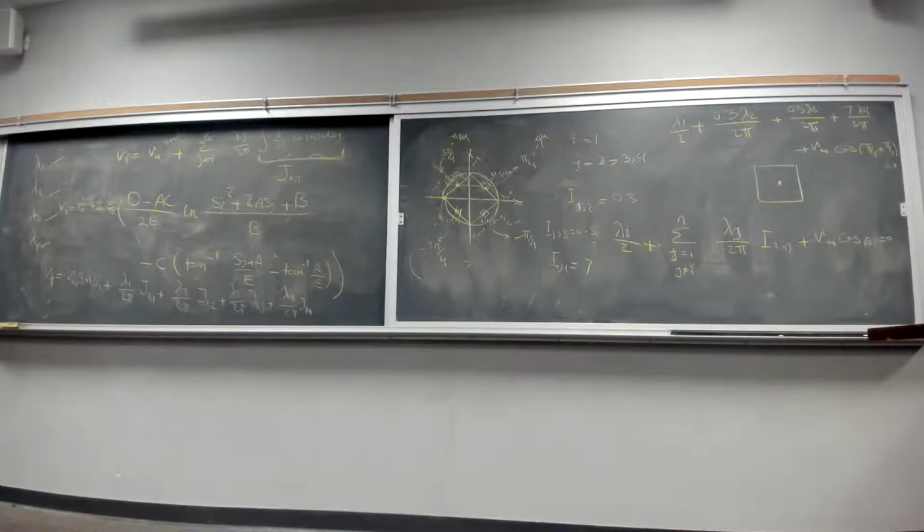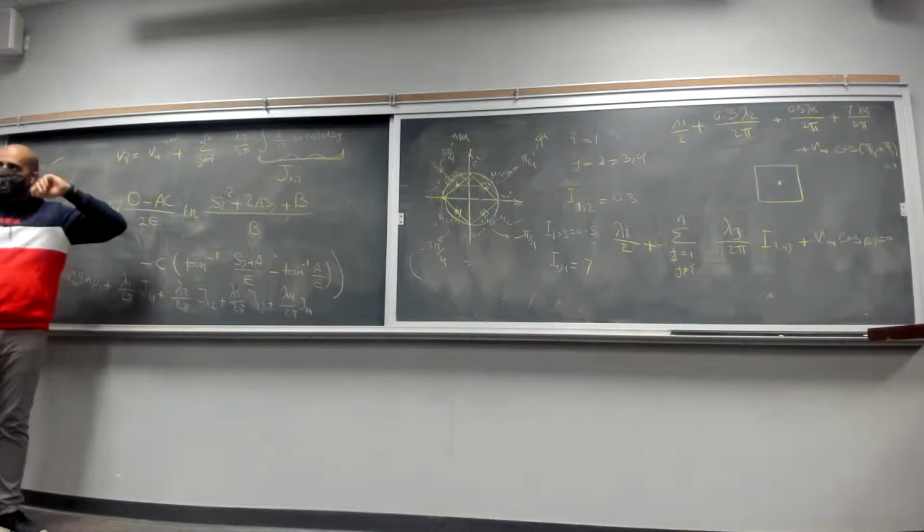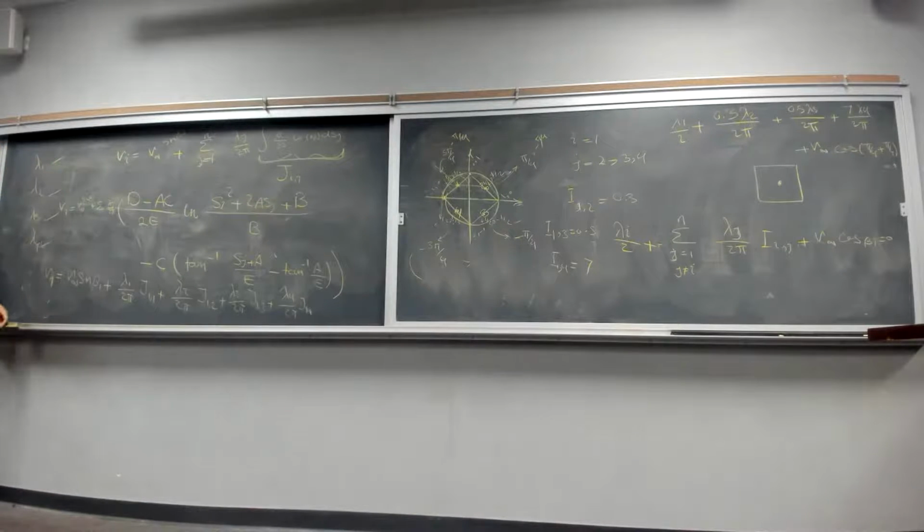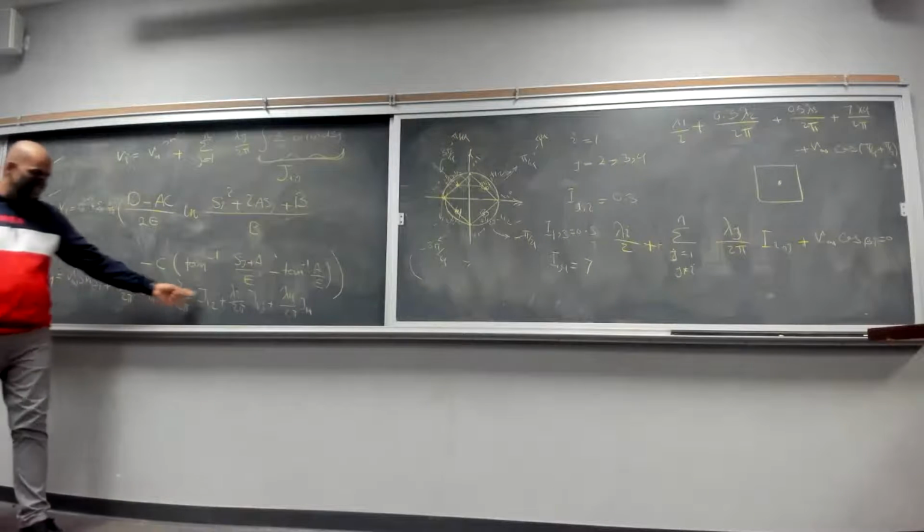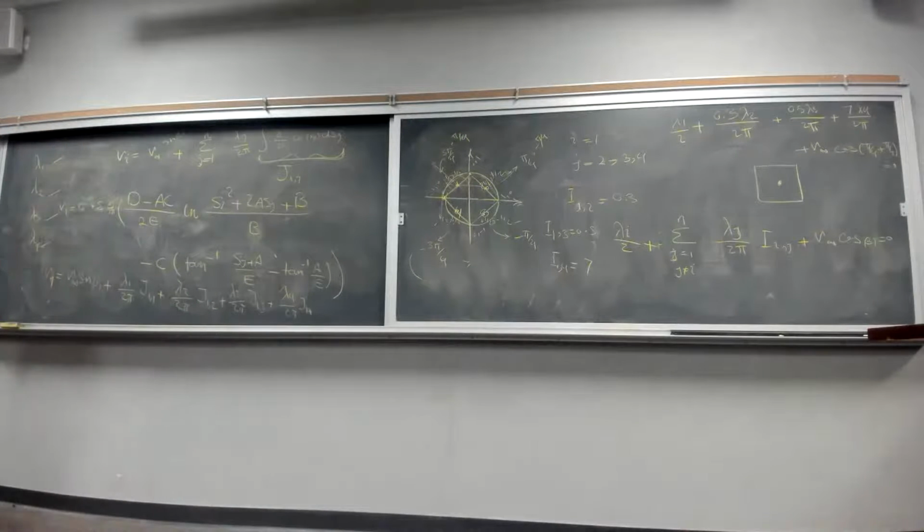You already calculated the J value, that integral that I'm going to call J. You already have calculated all of the lambdas, so you should be able to have the velocity of each panel.